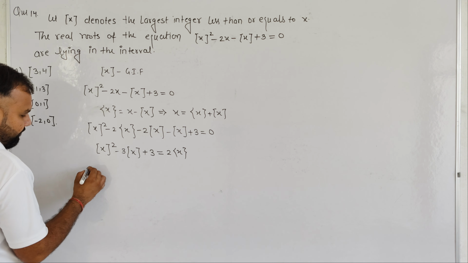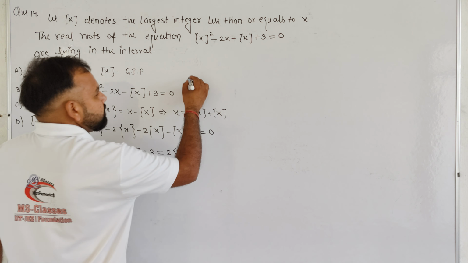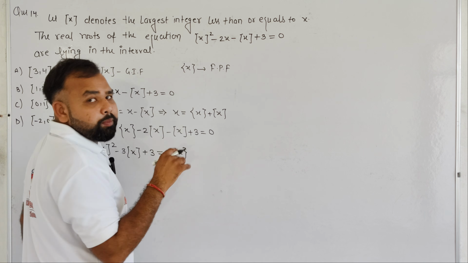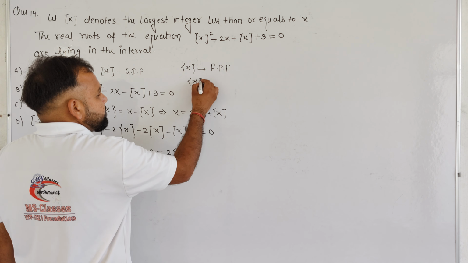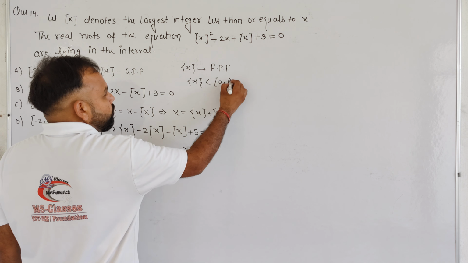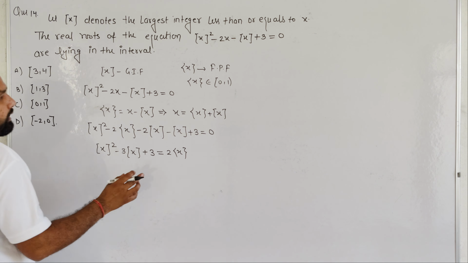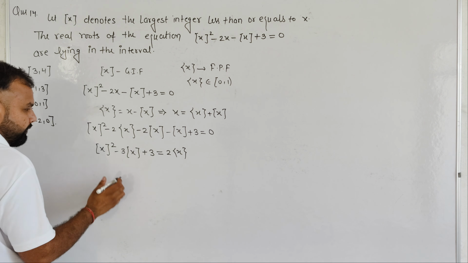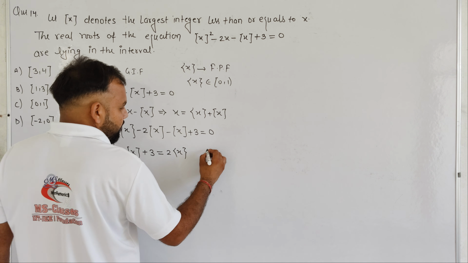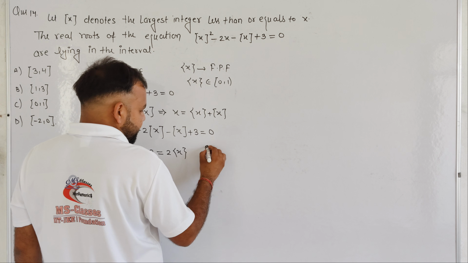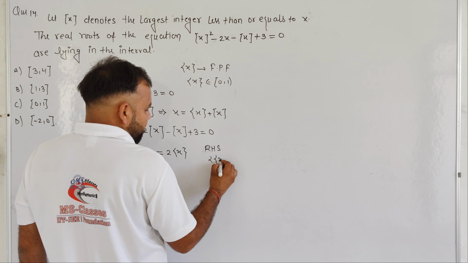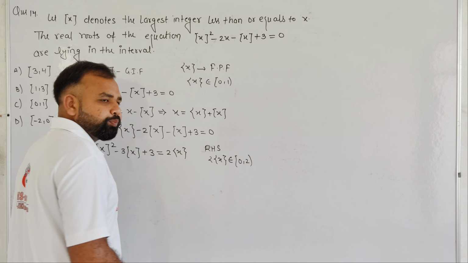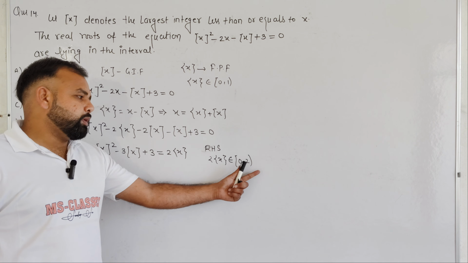So student, we know very well that this is a fractional part function, and the range of this function always lies in the interval from closed 0 to open 1. So if the fractional part lies in [0, 1), then the right hand side, 2 times the fractional part, belongs to [0, 2). Multiplying by 2, things become this one.